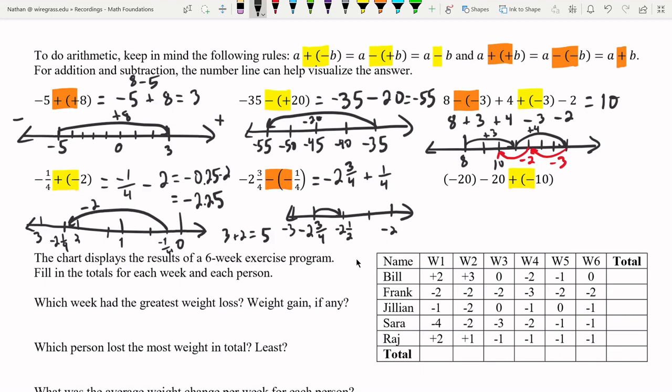So you can see what we did is we had different signs. So we end up subtracting the two numbers. 2 3/4 minus a fourth. Well, we have 3/4 and a fourth. Subtract those and we get 2/4. Negative 2 2/4. But negative 2 2/4 is the same thing as negative 2 1/2. Which is what we got right there.